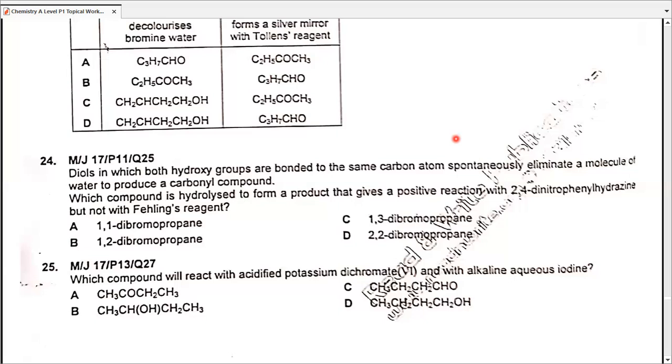Wait, so it can't be beta or Charlie, right? Perfect. Yeah, because it should be the same carbon atom. All right. Now you got the point. Now move ahead.